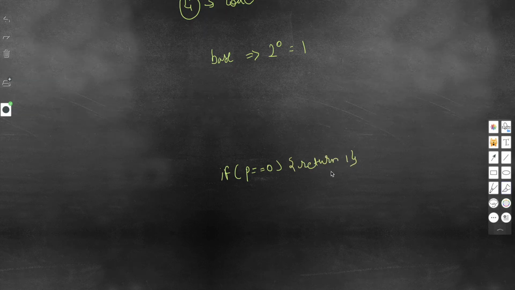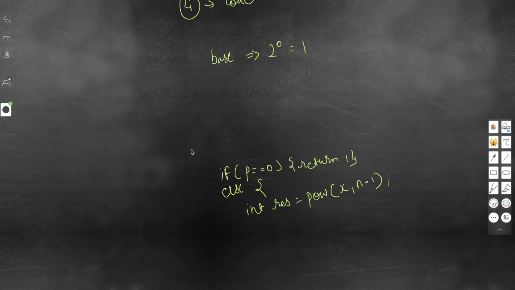Fine. Else if p is not equal to 0, then what I need to do is I will make one result. This will store the result of the sub problem. I will call the power function by passing x as it is, there is no change in x, but I will pass n as n minus 1.